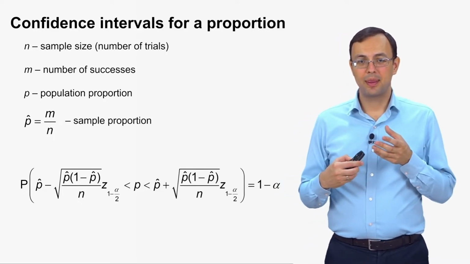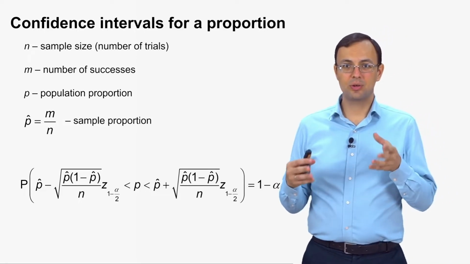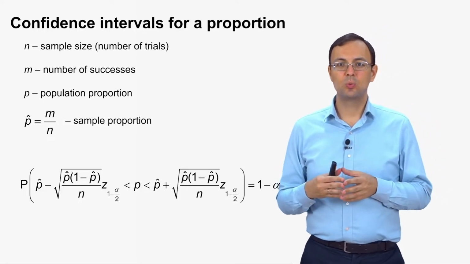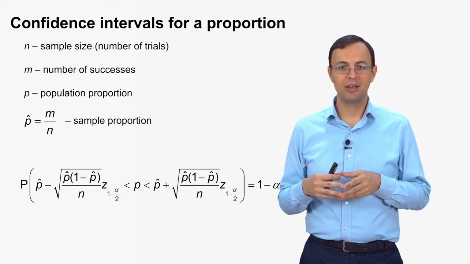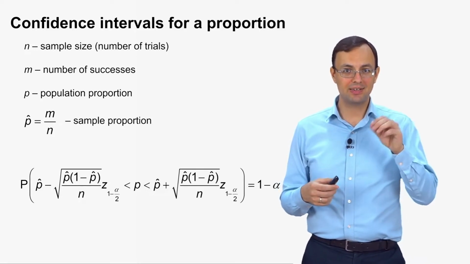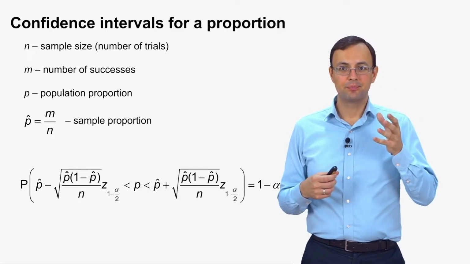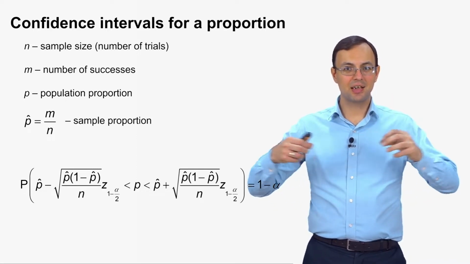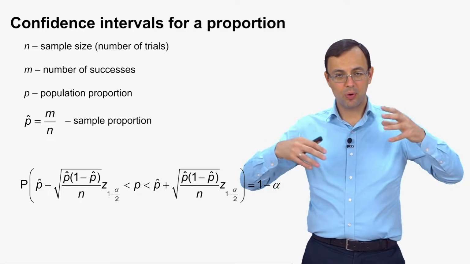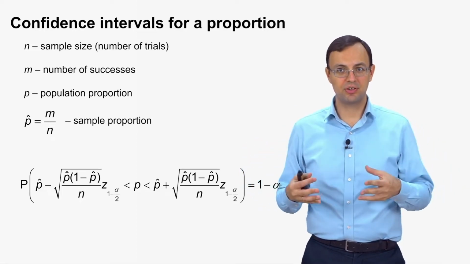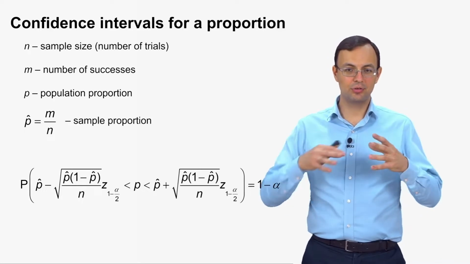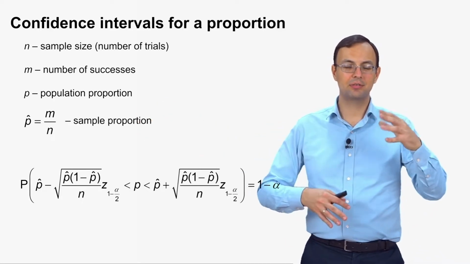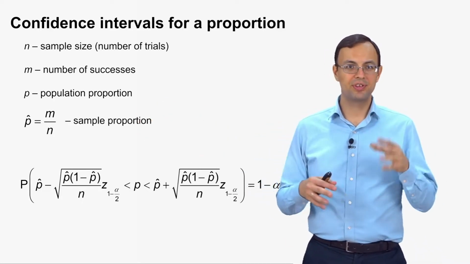How can this be done? We calculate the sample proportion by dividing the number of successes in our series of observations by the number of observations. For example, you go out to the street and ask random people, will you support this party?